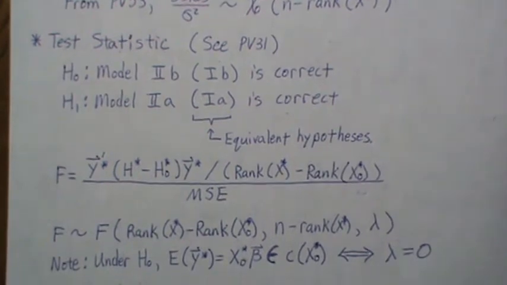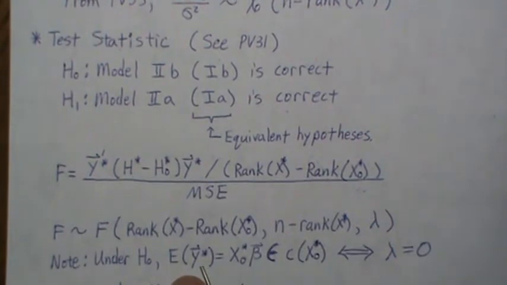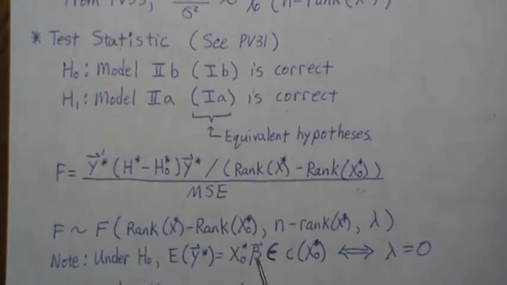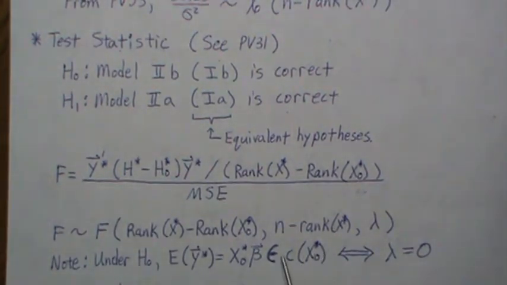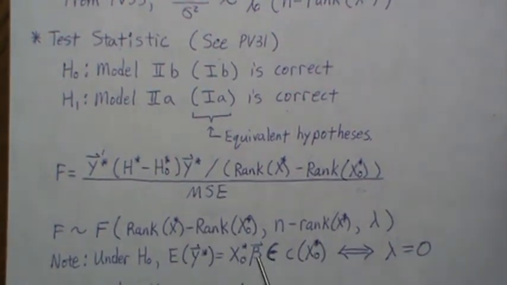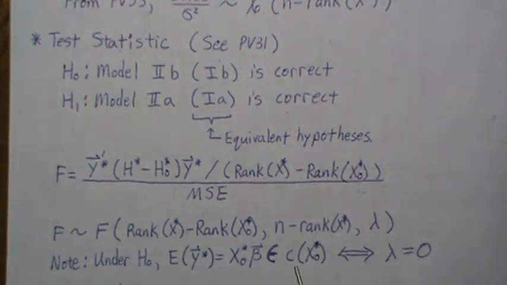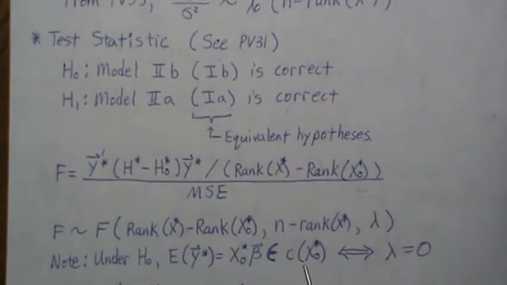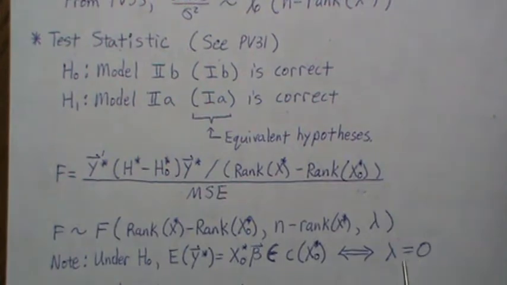So note under the null hypothesis, if the expected value of y is X naught star times beta, meaning the reduced model is true, then this is actually in the column space of X star. You can see that this is X star, we're taking a linear combination with these betas. So if this is true, under the null, it's if and only if lambda is zero.